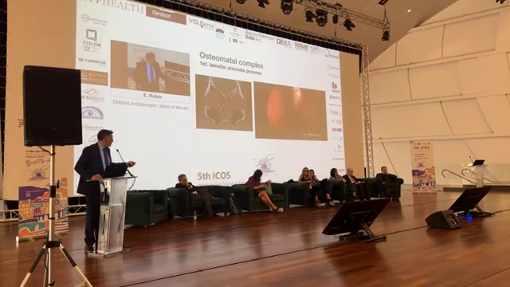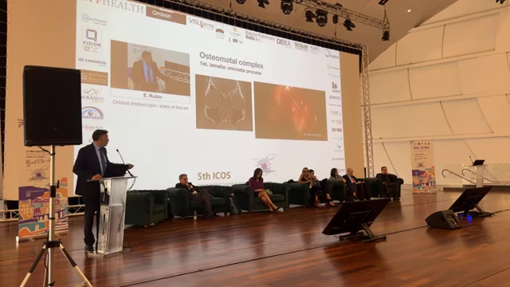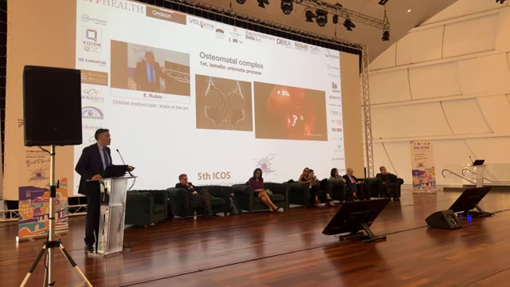We remove the uncinate process, and then we will be able to see the structures. The big one is the bulla ethmoidalis, and the most important part is you will find this oval structure that is the drainage of the maxillary sinus, the ostium of the maxillary sinus. Why is it important?